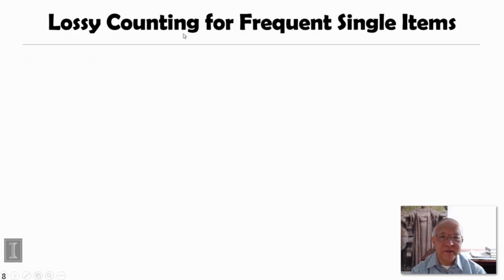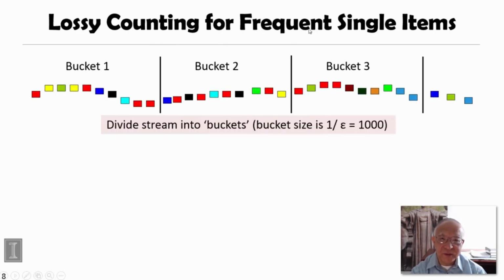Let's look at the lossy counting algorithm, but we only introduce frequent single items. They did study multiple itemsets. For a simple explanation of the idea, we first look at frequent single item counting. Suppose you get a very, very huge data stream. You may divide the stream into buckets, and the bucket size is 1 over epsilon.